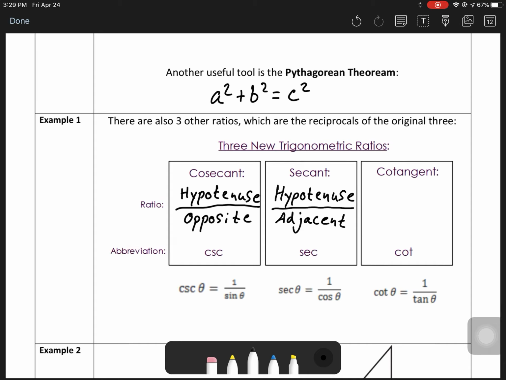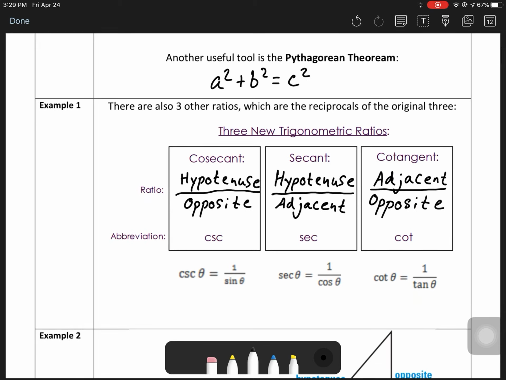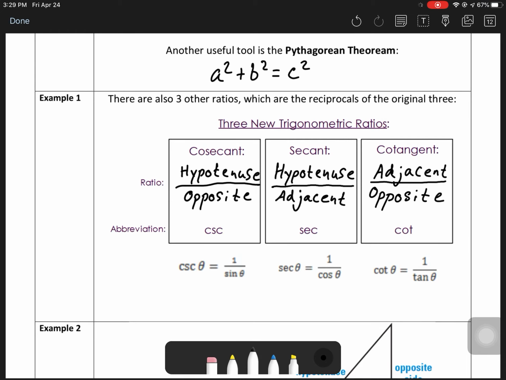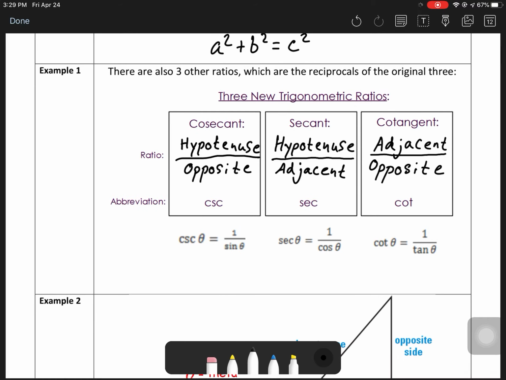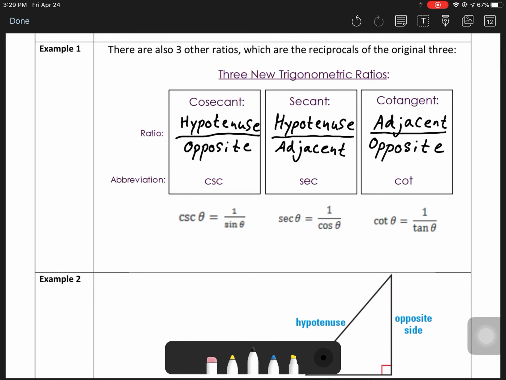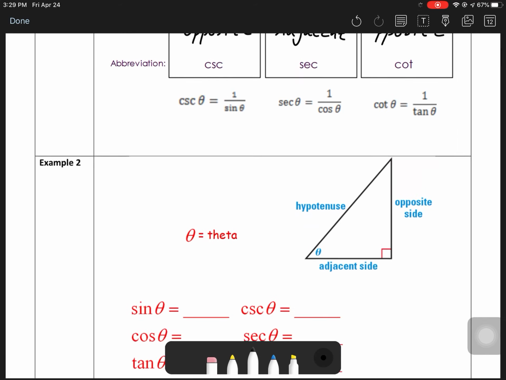And fortunately, the reciprocal of tangent is cotangent, so now it just becomes adjacent over opposite. Okay, so sine goes with cosecant, cosine goes with secant, and tangent goes with cotangent. A little bit odd, but you'll get used to it.